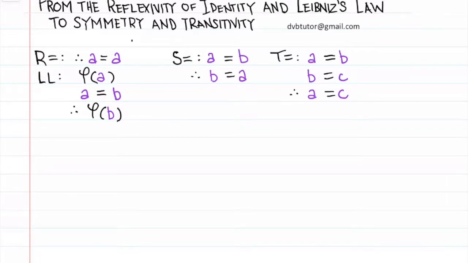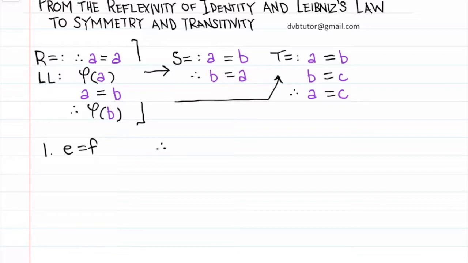So suppose we have a sentence that says E is identical to F. We want to show, without using the rule of symmetry of identity, that F is E. Given the reflexivity of identity, we can simply assert that E is E. So we got this from the reflexivity of identity.